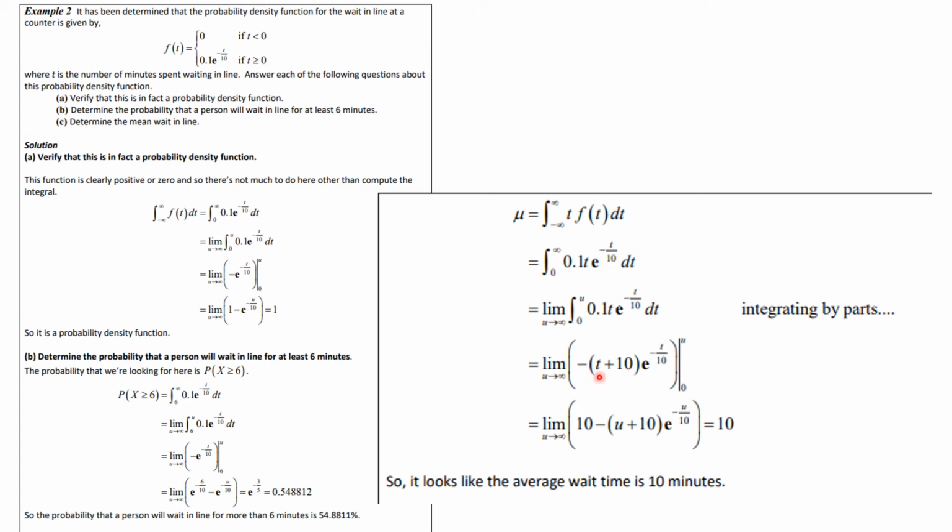So this is the limit as u tends to infinity of minus parentheses t plus 10 e to the minus t over 10, evaluated at u and 0. We plug in and take the limit. When we take the limit as u tends to infinity, this part will go to 0, and so you will just get 10. So the average wait time for this one is 10 minutes.